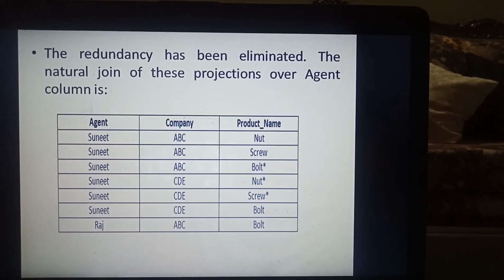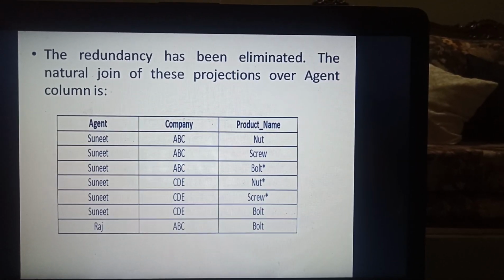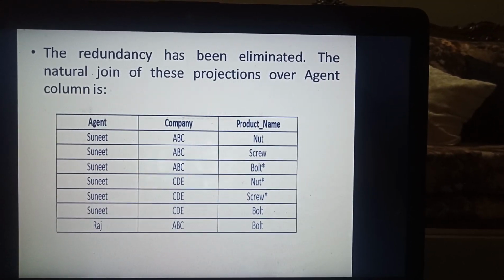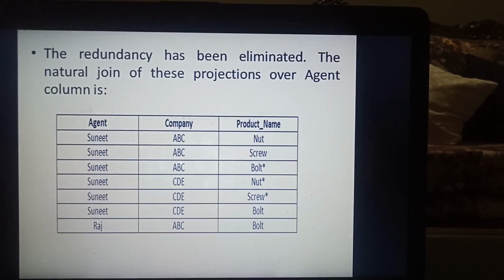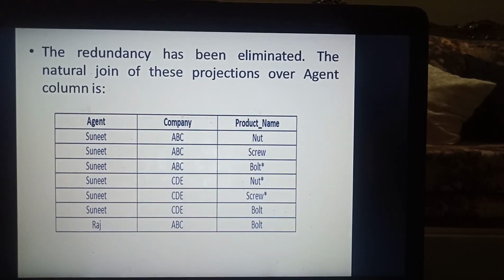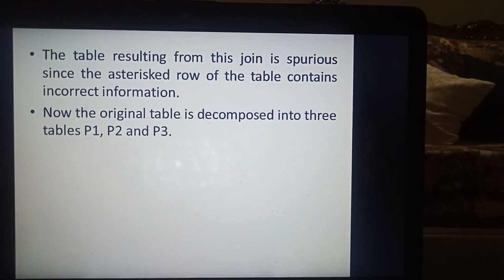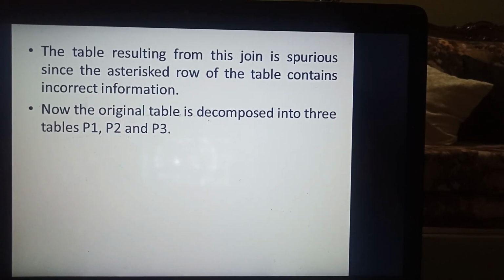So now, as we have divided the original table into two tables and then joined them, now we divide the original table into three projections P1, P2 and P3.